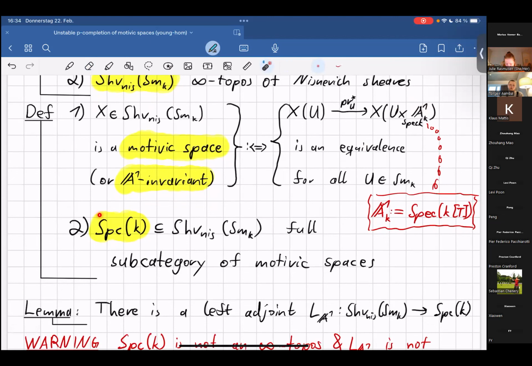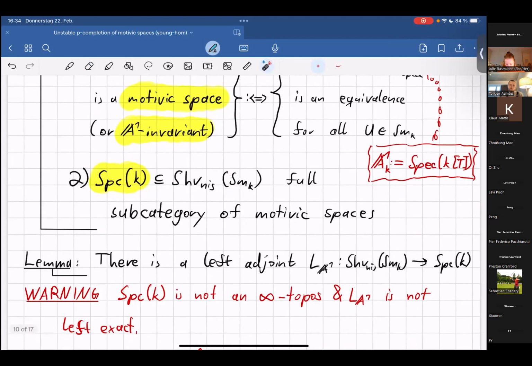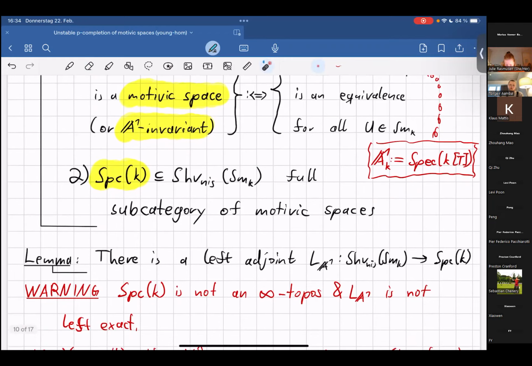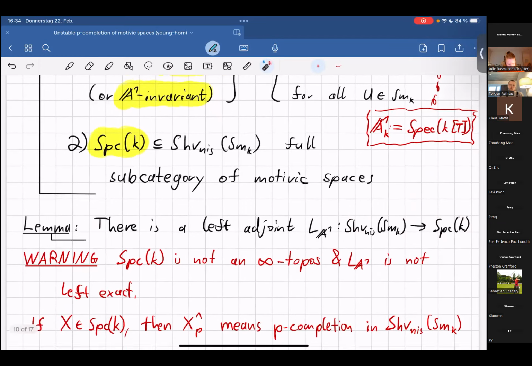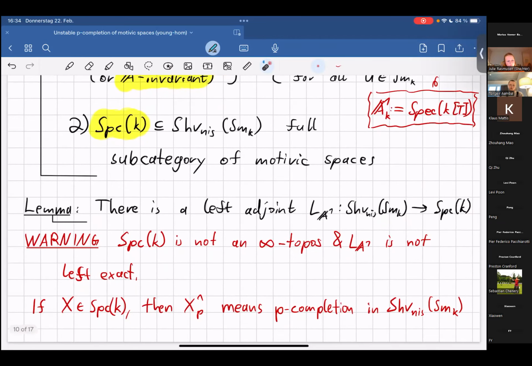Okay, and we will now write Spaces_K in Nisnevich sheaves for the full subcategory of motivic spaces. And similar to the p-completion stuff, we get that there's a left adjoint L_A1 from Nisnevich sheaves to motivic spaces, which is a left adjoint to the inclusion, which is the functor which inverts A1 equivalences.